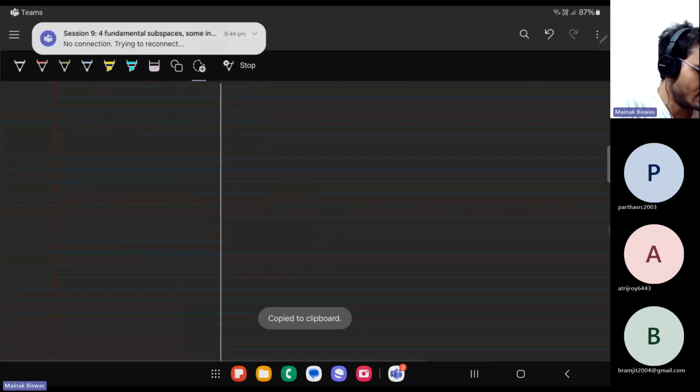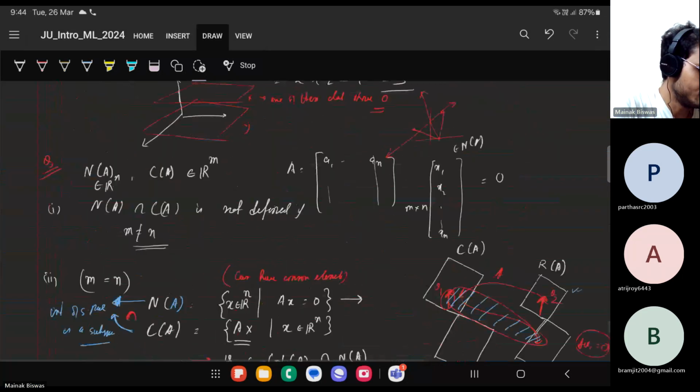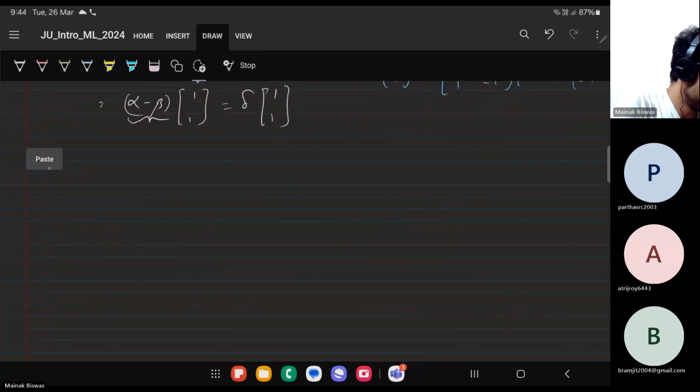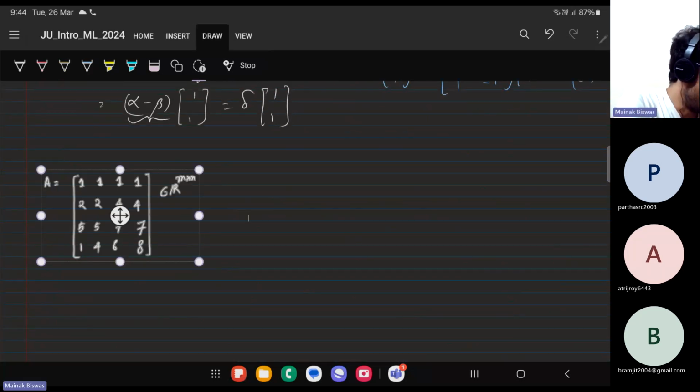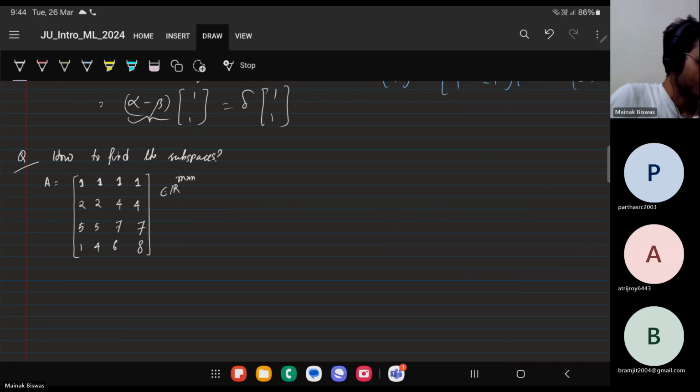One more class will be required, 2 more classes minimum. How do we find this? How to find the subspaces? Any idea?